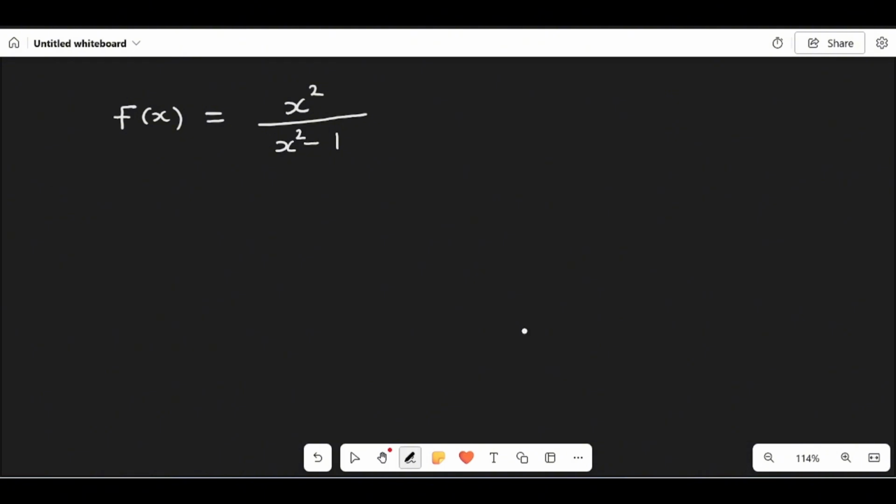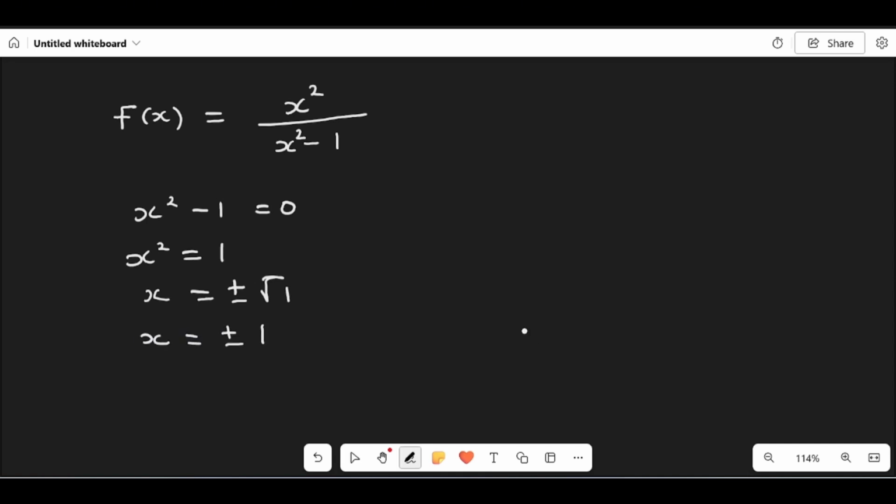In order to find the domain, let us equate the denominator to 0. That means x squared minus 1 equal to 0. Add 1 to both sides: x squared equal to 1. Square root both sides: x equal to plus or minus root 1, and x equal to plus or minus 1.